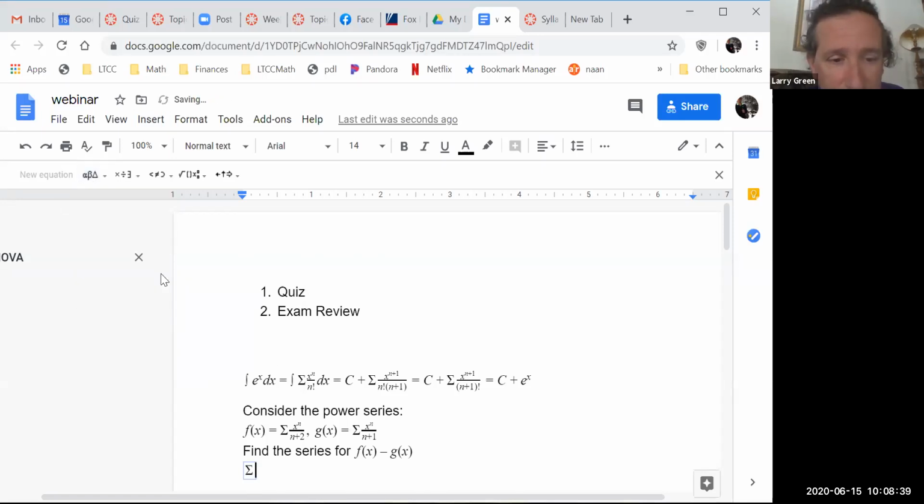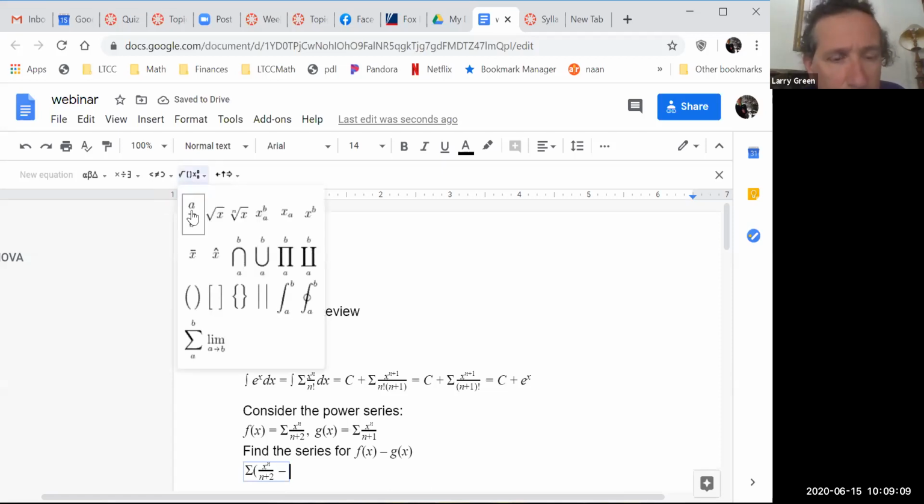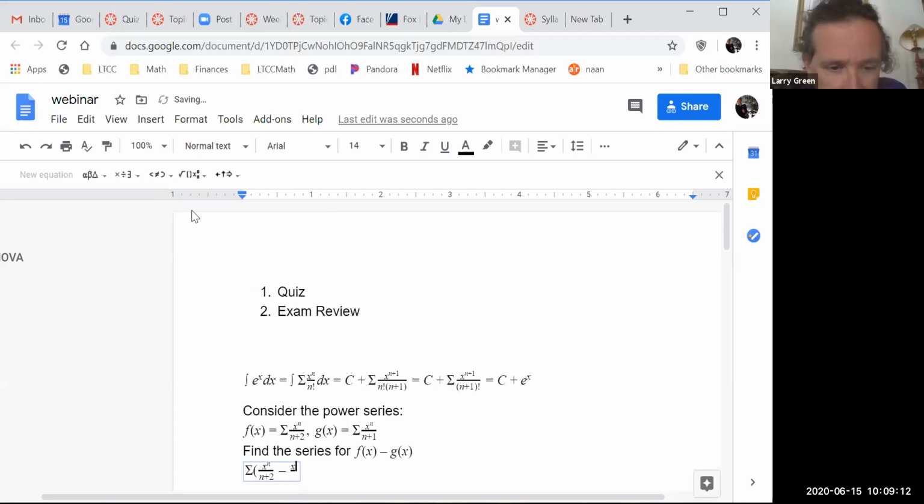So we're going to have a summation of x to the n over n plus 2, and I think I'll stick a parenthesis, minus x to the n over n plus 1. And then we can just factor out the x to the n.